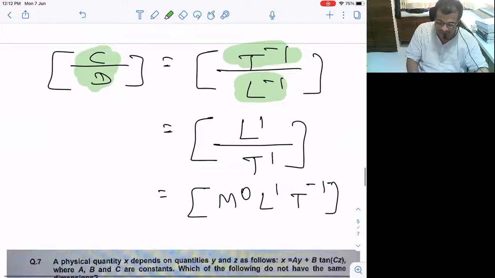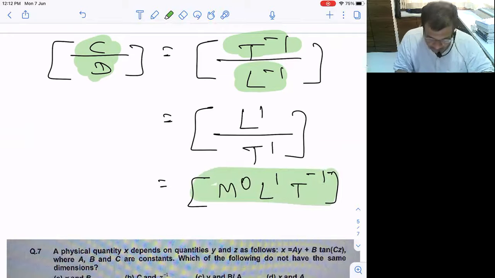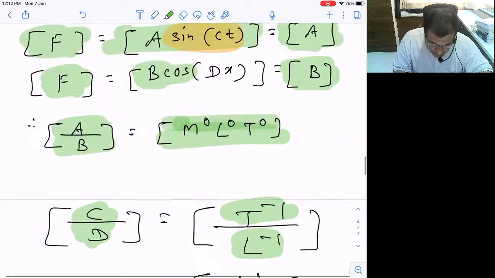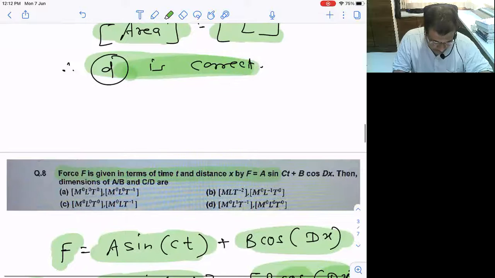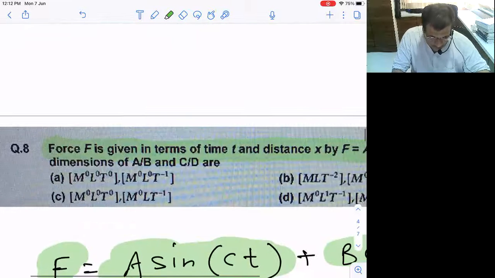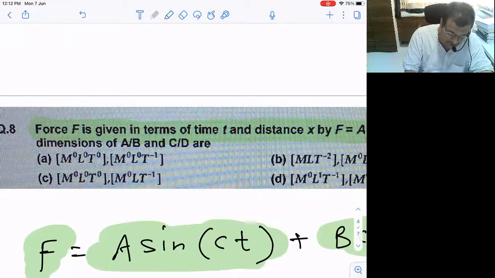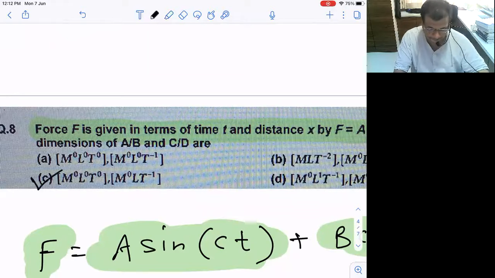Therefore this will be M0 L1 T to the power -1. So here the answer would be M0 L0 T0 and M0 L1 T -1. So friends, the answer should be C.